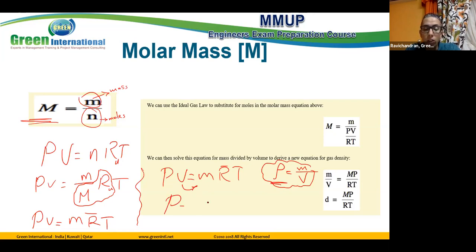So P equals rho R bar T. What is rho here? This is density, mass divided by volume. Clear? This is actually important, used for some supporting equations. We'll see in the exam 4 problem, as I said to you. This supports the equation to continue solving the problem.